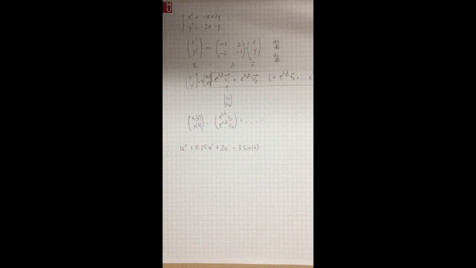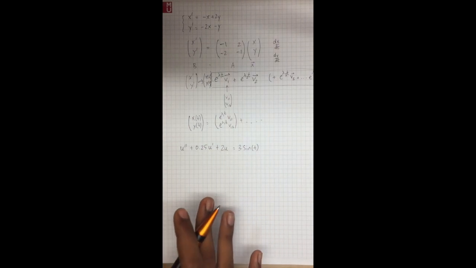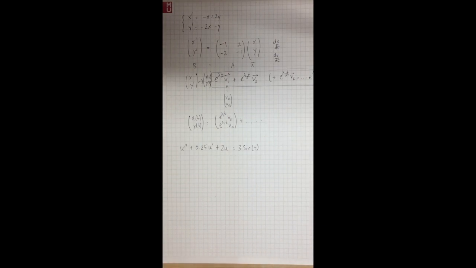The question asks you to solve the differential equation, but the primary step involved is setting up the differential equation. This is going to involve a weird term, which I'll explain in a minute. But let's just set up the matrices first.